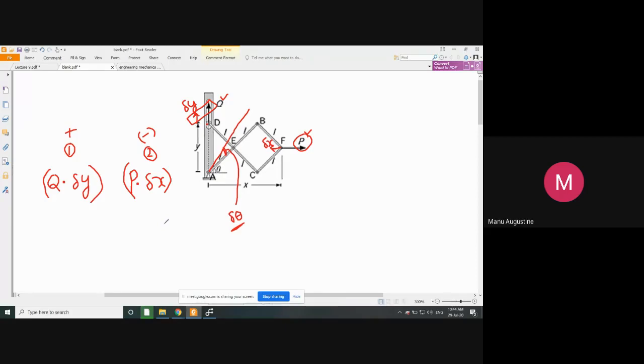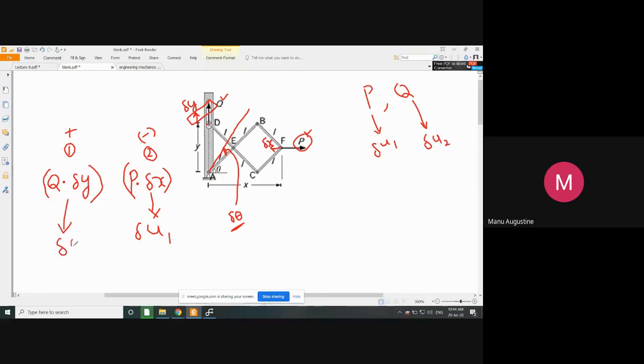So now, what does the principle of virtual work say? Principle of virtual work says that in my problem, there were two forces, P and Q. These were the two active forces. P produces a virtual work delta U1. Q produces a virtual work of delta U2.